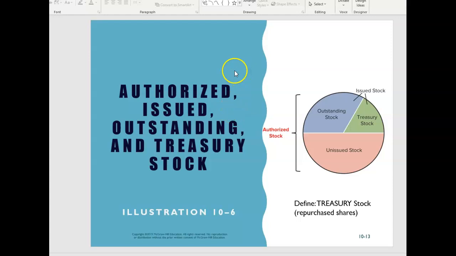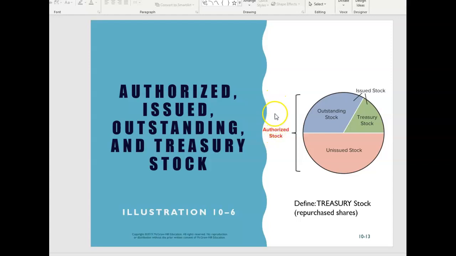As part of those articles of incorporation, they need to identify how many shares of stock are going to be available in this company. So this first term, authorized shares, is the number of shares that are authorized for this particular company. And we want this number to be pretty big because once we've done all this paperwork, we don't want to go back and redo it to issue more shares.